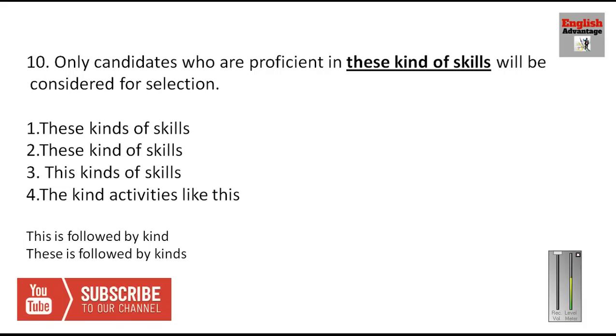Only candidates who are proficient in these kind of skills will be considered for selection. Now just look at the word these. These is considered plural and it should be followed by the plural of kind, which is kinds. So the correct sentence should be these kinds.